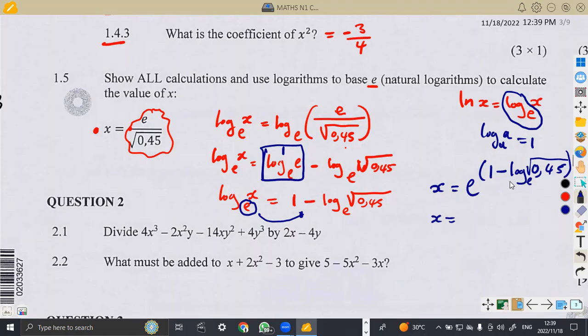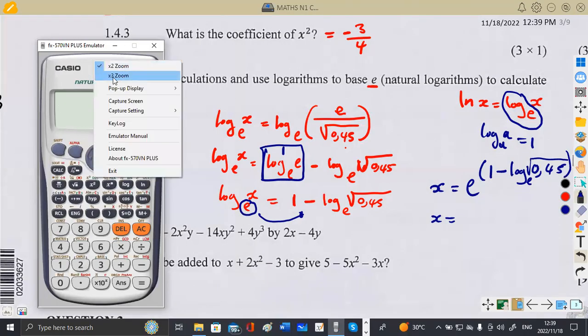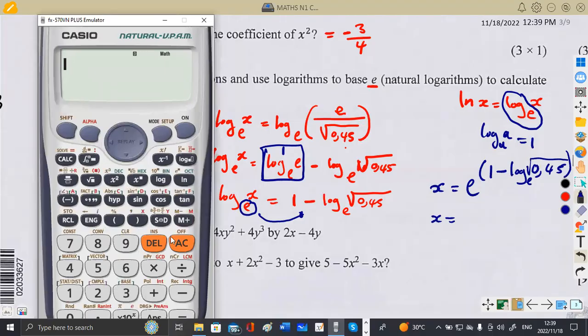You can leave our x like this, or we can use our calculator at last to simplify the value of x. We said e, so let me just increase this one. All right, we are going to have e, that is a shift, e here to the exponent of 1 minus the logarithm.